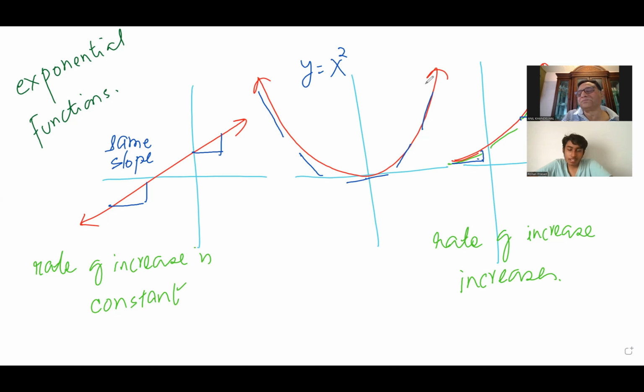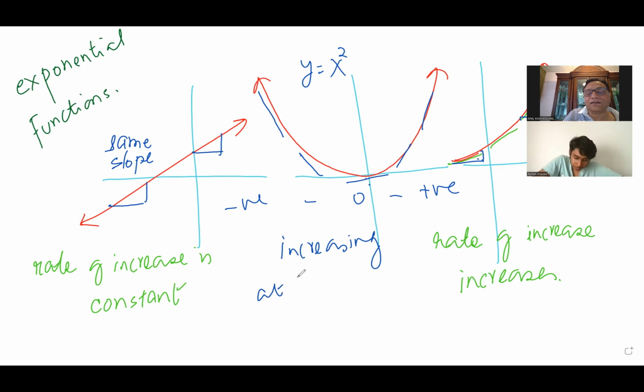So the rate of change goes from negative to 0 here to positive. In fact, the rate of change is always increasing here also, at a constant rate. It goes from negative to positive. Here, the rate of change is constant. You understand the difference? Yes, sir.